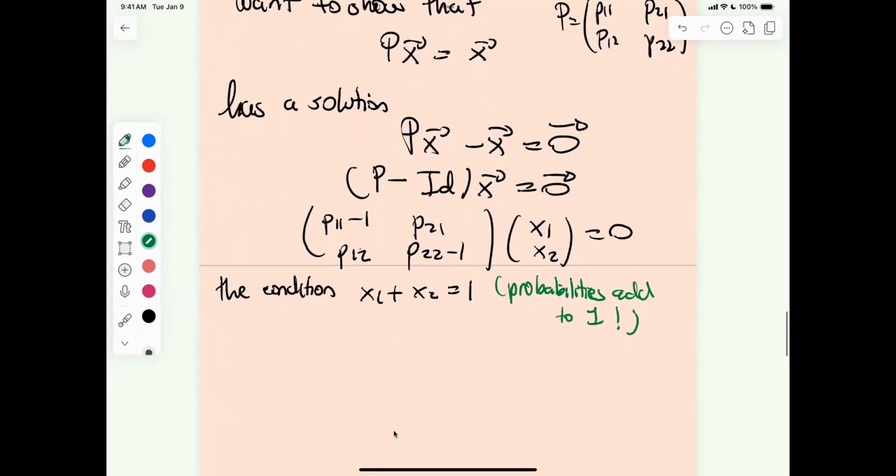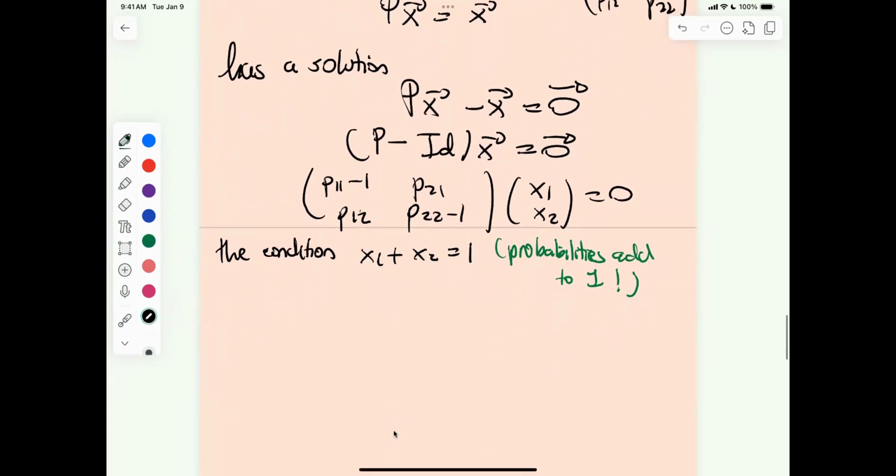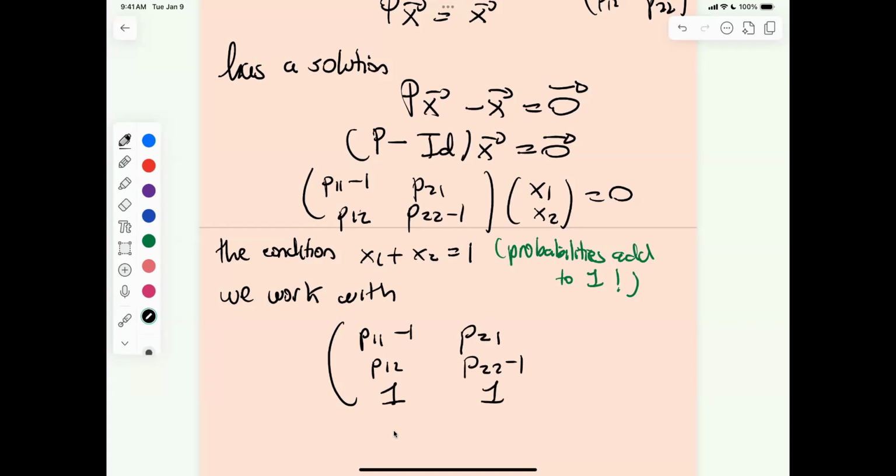So you can add it as an extra equation to this matrix. The way I'll write the system is that we work instead with the matrix P11 minus 1, P21, P12, P22 minus 1, and then 1, 1, times x1, x2 equals 0, 0, 1.